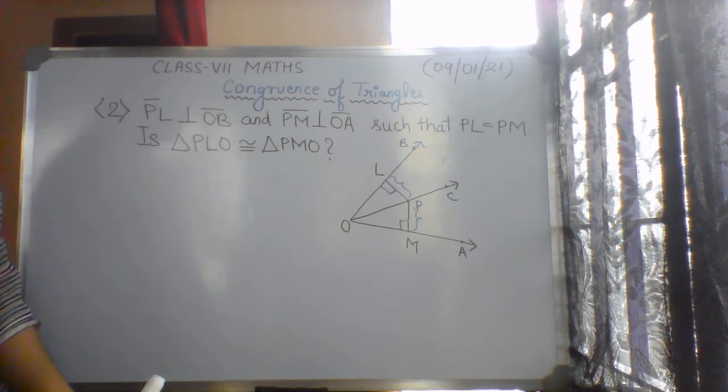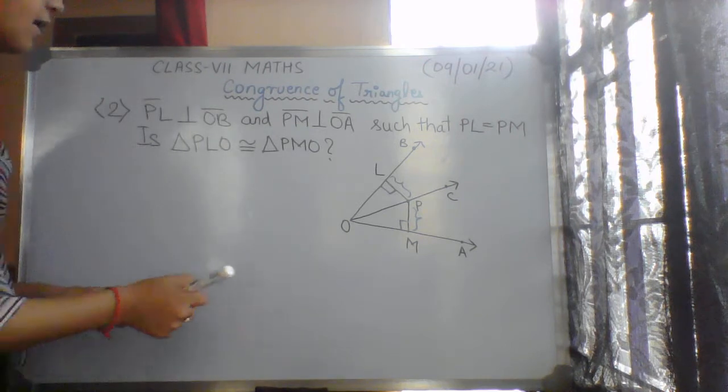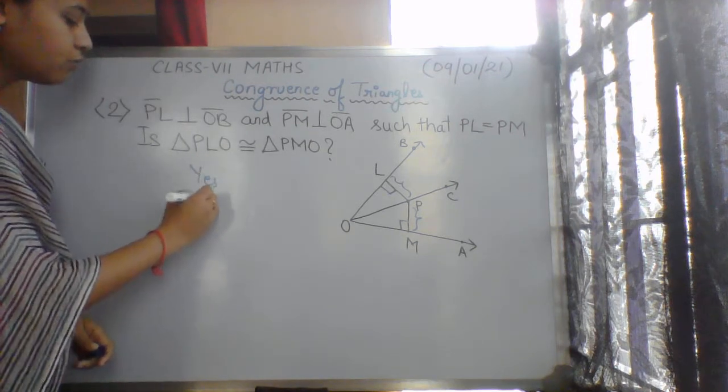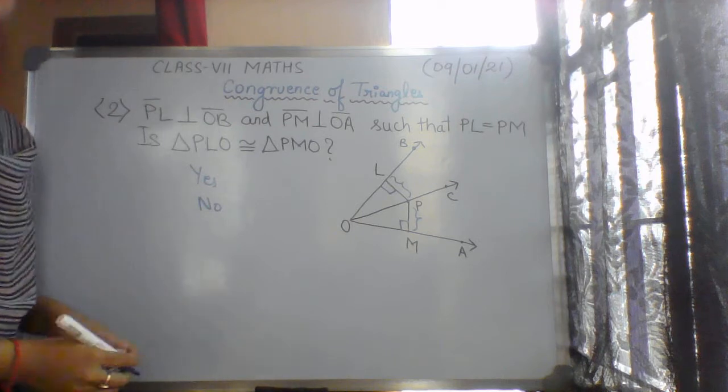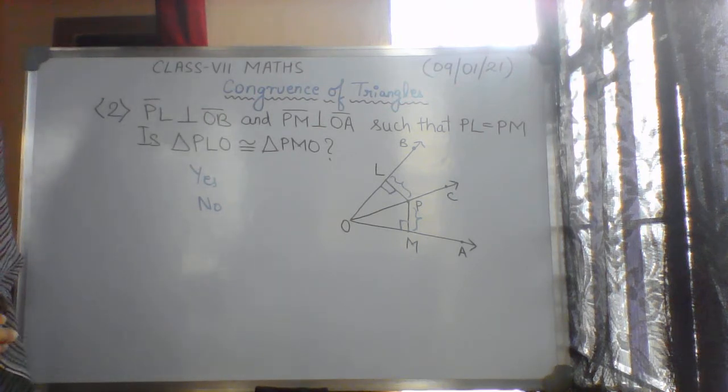In this type of question you will be thinking that you will write only yes or only no. But this is not the way to solve any question. During the exam, if you write only yes or no, that will not work.